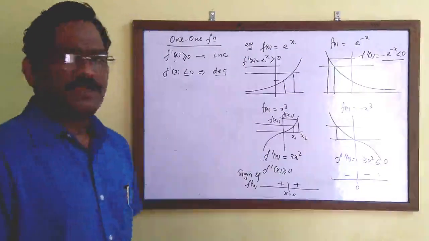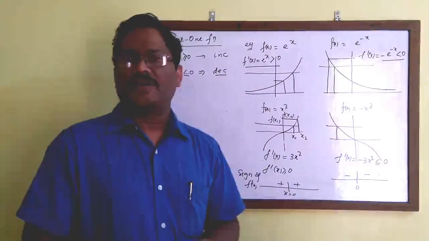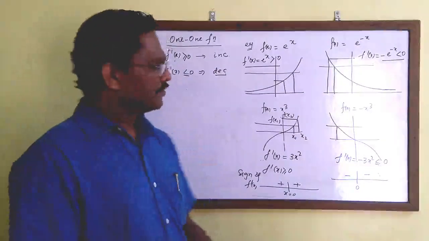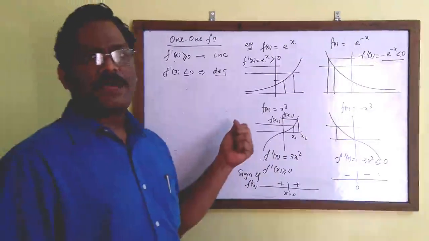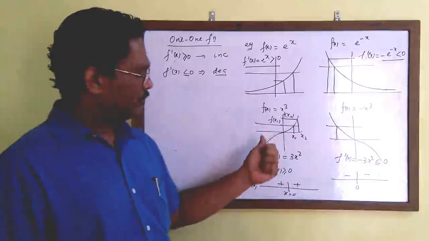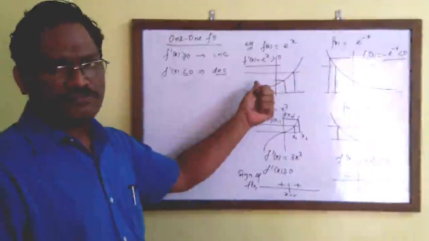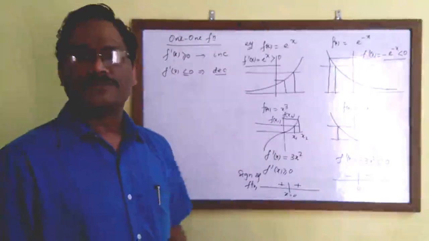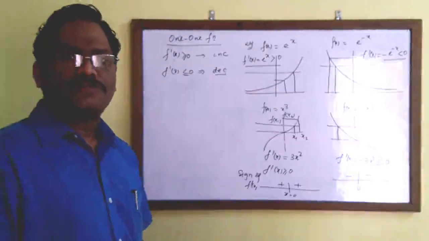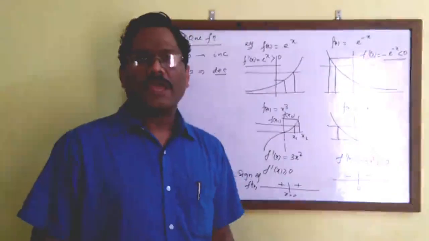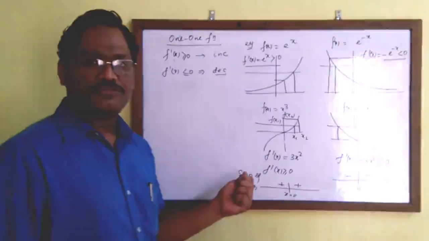So once again I'll repeat. There are 3 methods to identify 1-1 functions. The first method is graphical. If I draw a line parallel to the x-axis which intersects the graph at just one point, then the function is a 1-1 function. Otherwise, if I form an equation f of x1 equal to f of x2 and it gives the output x1 equal to x2, then I'll say it is 1-1.